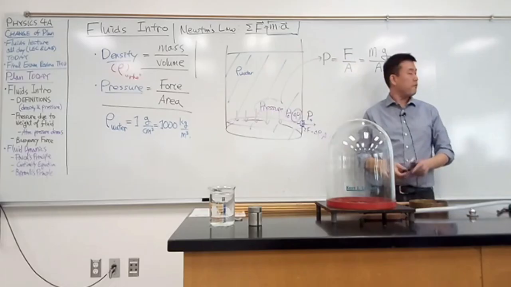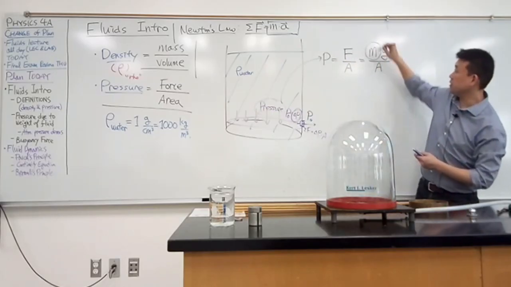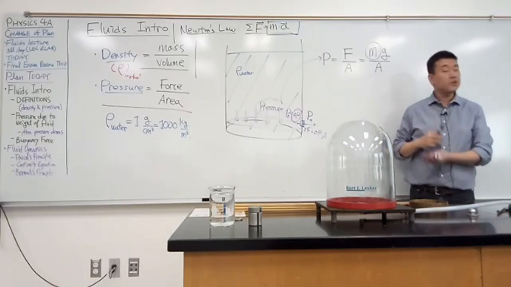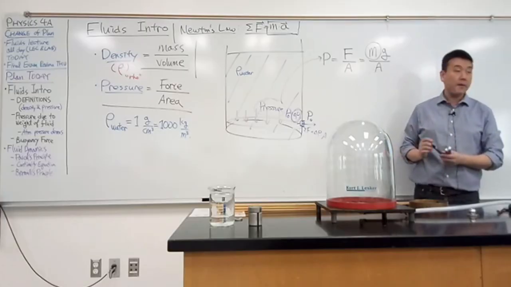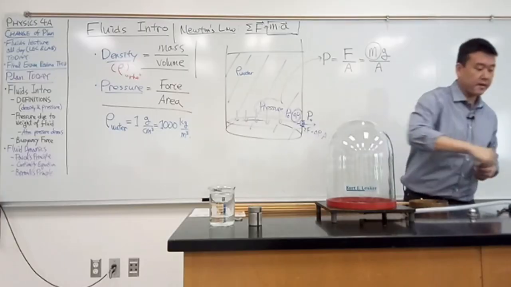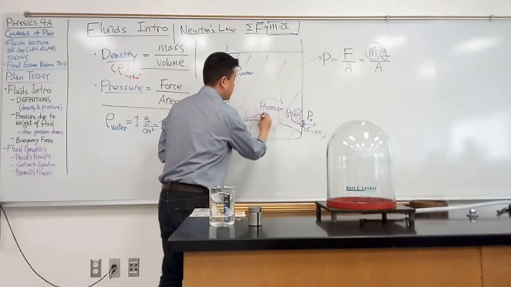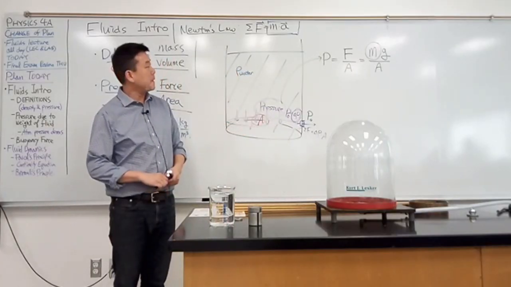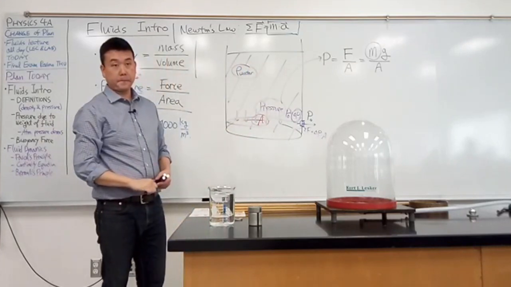So what I want to do is rewrite this mass in terms of some simple parameters that I can measure. Some simple parameters that I can measure are things like the cross-sectional area here. I can measure it once and that'll never change, it's constant. I can probably use the density of water.